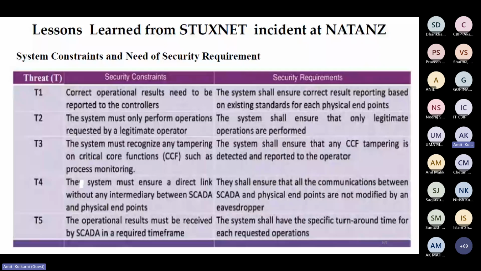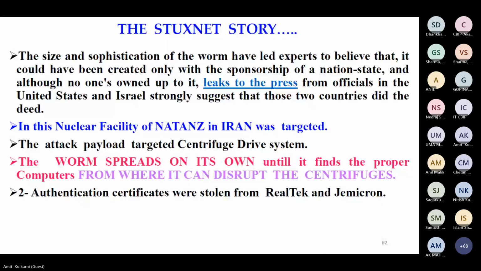Basically, I just wanted to understand. If the attack happened in the nuclear plant, these are very sensitive areas where the internet is not present, so I think this was a virus which could spread without the internet, through a pen drive. Yes.